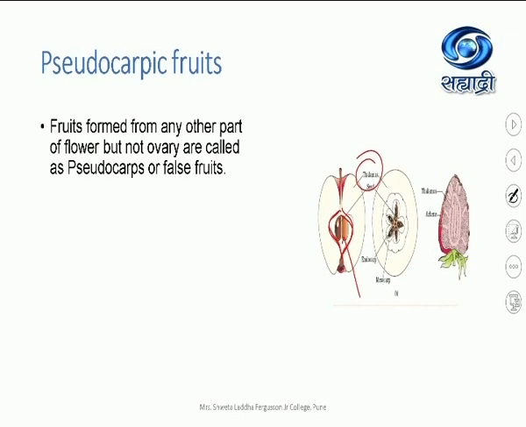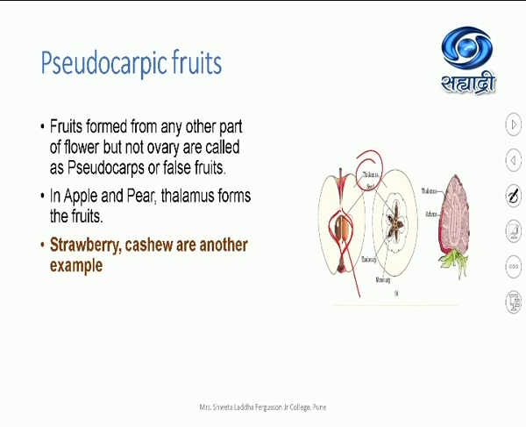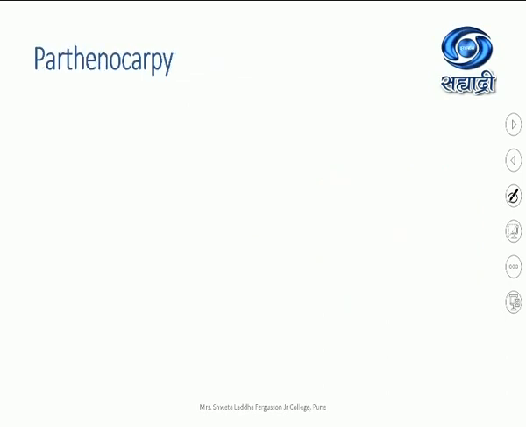So such fruits where we are eating some other part, not the fertilized juicy ovary, are pseudocarps. In apple and pear, the thalamus forms the fruit. The actual fruit we throw off, and the thalamus becomes juicy and we eat the thalamus. Even in strawberry, the thalamus is becoming edible. Strawberry, cashew, these are some examples. Pear, apple, pseudocarpic fruits. So I hope you have understood the term pseudocarpic fruits.